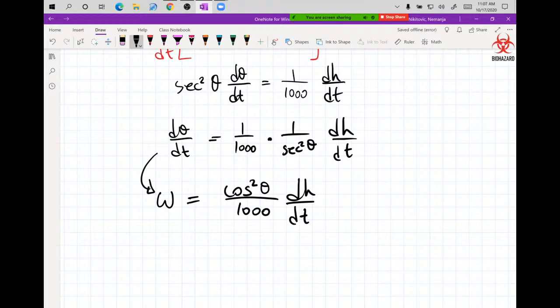Cosine squared, because secant squared from the denominator would go up as a cosine squared in the numerator. And all I need to do is to get rid of the pesky cosine squared, and we are done. Now, the pesky cosine squared is easy to get rid of because you have a triangle up there. You can read the cosine and plug the variables in.